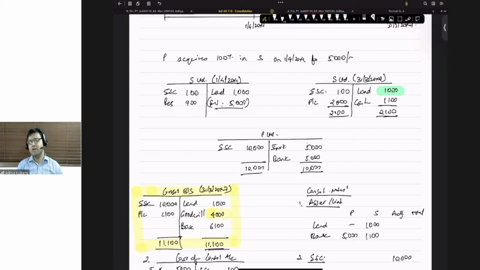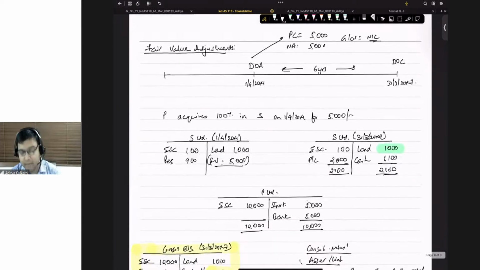So how do I do it? See, here you are able to understand easily because you are given the balance sheet on this date also. So that is why we are able to understand clearly. But in your questions, this balance sheet is not going to be given to you.